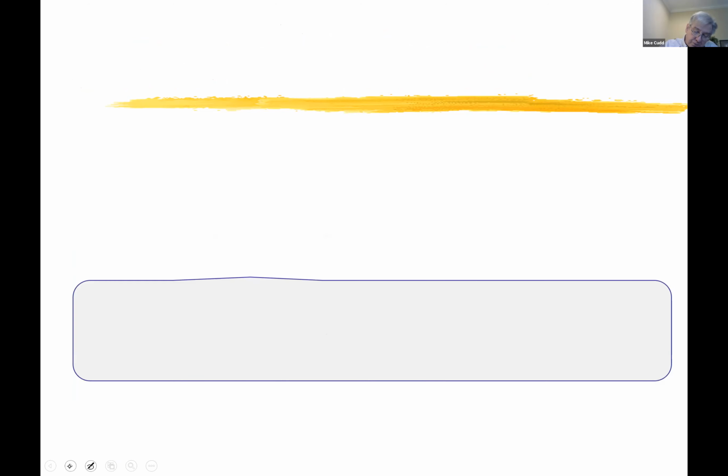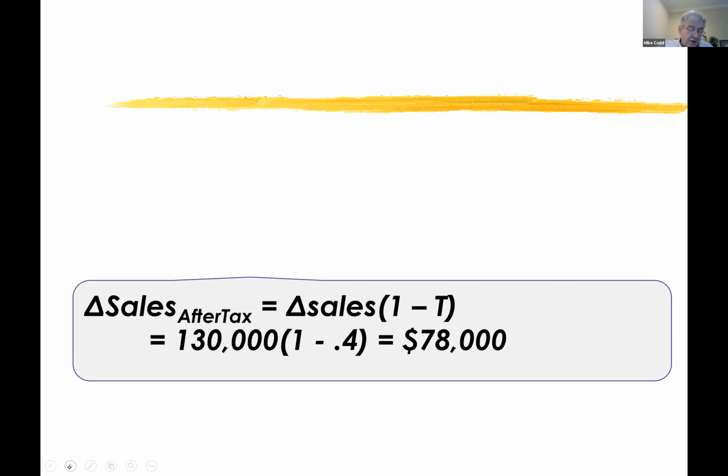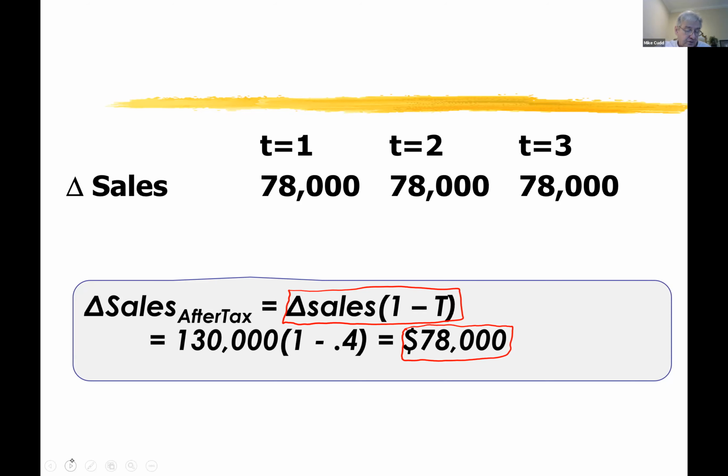One thing we would have is additional sales of $130,000, but that's before tax. In a sense, the sales would be taxable. So if we multiply the increase in sales by 1 minus the tax rate, that would actually generate an after-tax cash flow of $78,000 for each of the 3 years of the project's life.